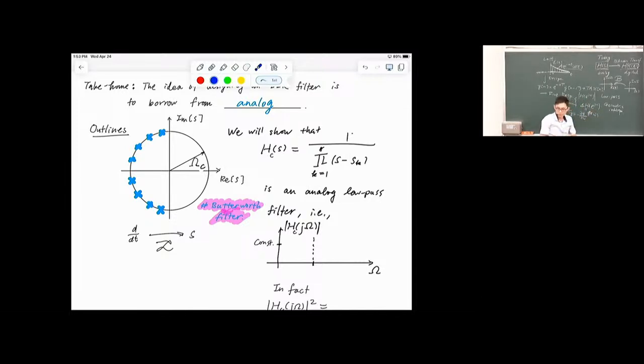So this system, we can check, it's good to know that all the poles are on the left-hand side of the imaginary axis. But it also turns out that they occur on the same circle.